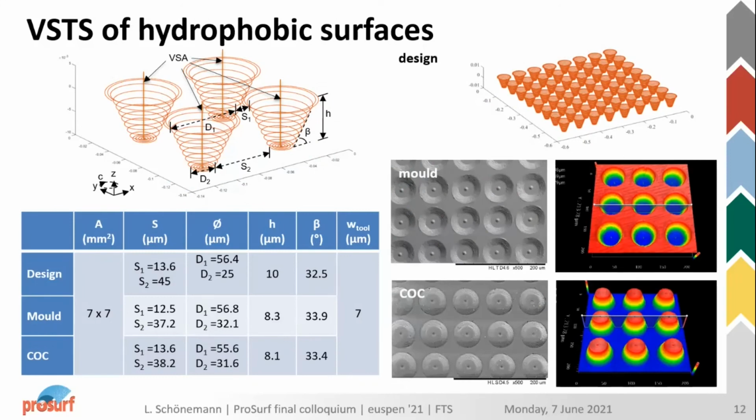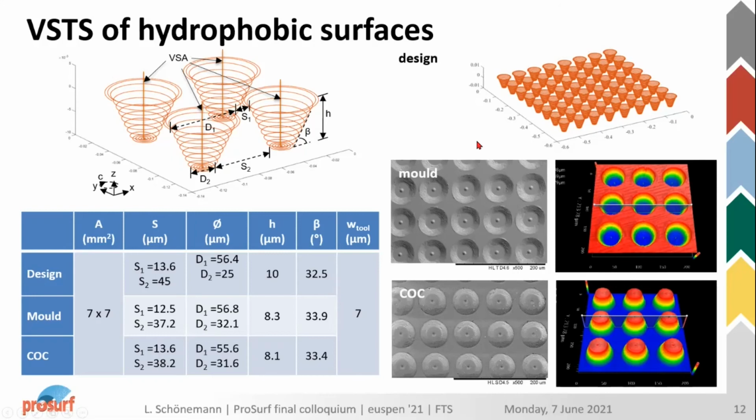So we have different turning centers on the workpiece, and use this virtual technique to switch between the different axes, generate these kinds of features, and then have a lot of them on a surface to generate a hydrophobic surface, replicate this, and have a plastic part with hydrophobic features that we can use for the functionality that I will show you later on in the demonstrators.